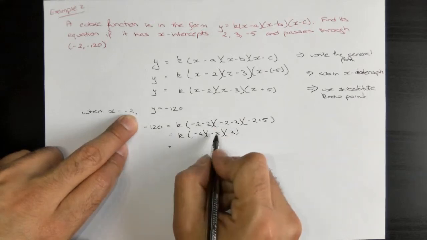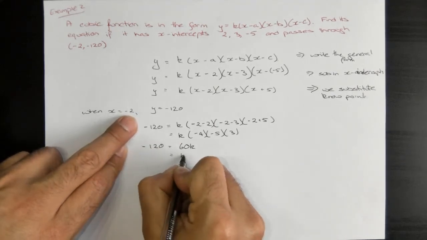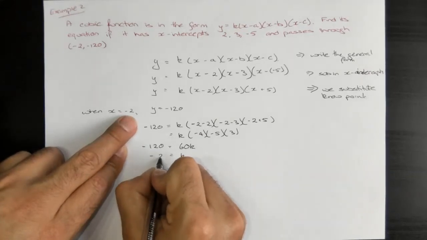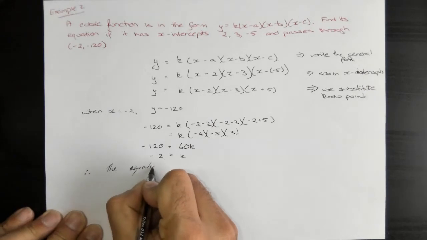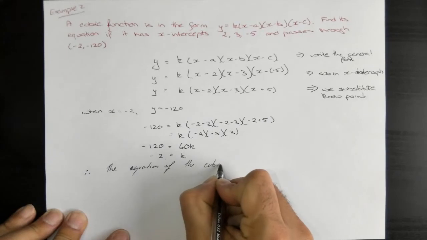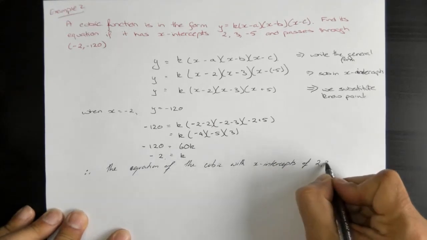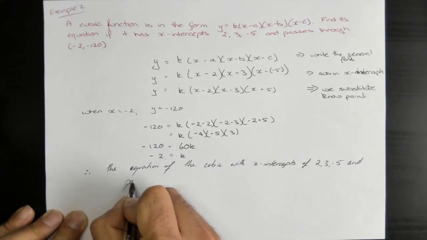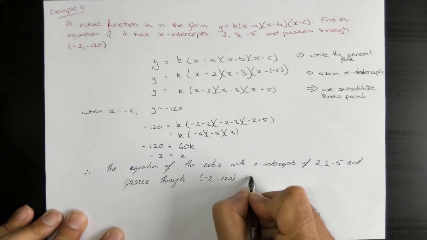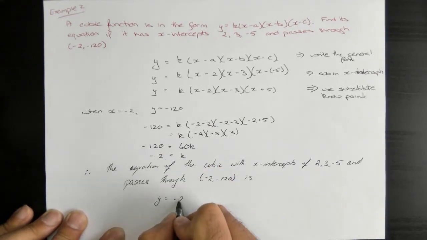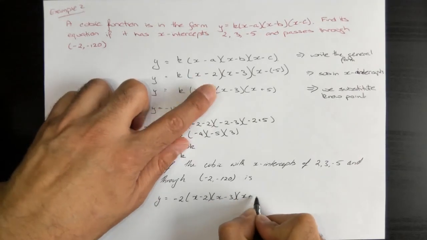That's positive 20 times 3 is 60, so we get 60k equals negative 120. 120 divided by 60 is negative 2, so k is negative 2. So the equation of the cubic with x-intercepts of 2, 3, negative 5 and passing through (negative 2, negative 120) is y equals negative 2(x minus 2)(x minus 3)(x plus 5).